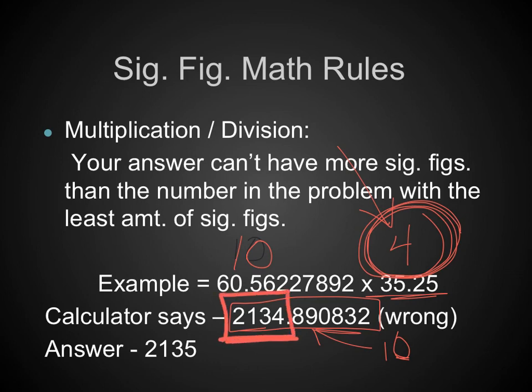And that would bring us to 2, 1, 3, 4. And then this 0.8 would make this 4 round up to a 5. So my answer would be 2,135. Take a few minutes and write this down in your notebook so that you understand how to multiply and divide using significant figures.